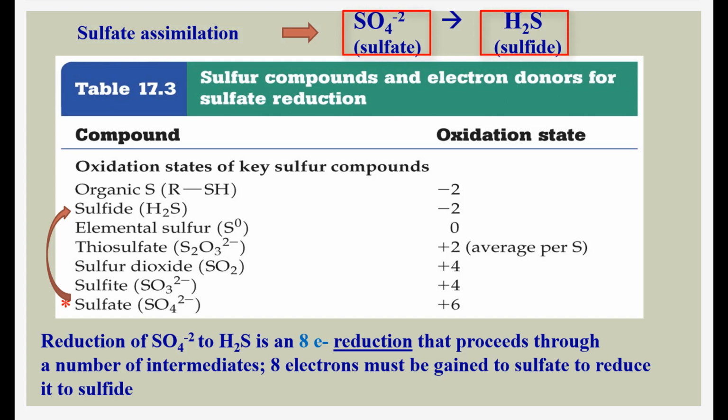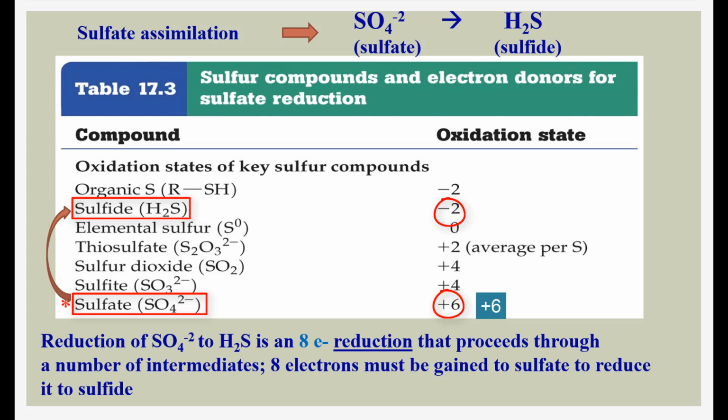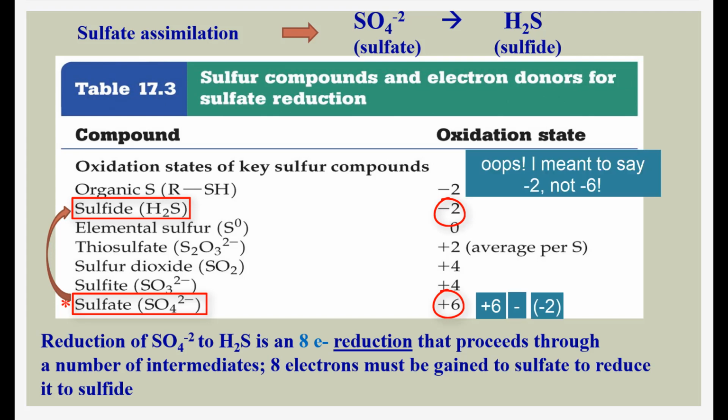The difference in their oxidation states is the number of electrons that must be gained by sulfate for it to be reduced to hydrogen sulfide. Looking at this table here, the oxidation state of sulfate is +6, and the oxidation state of hydrogen sulfide is -2.